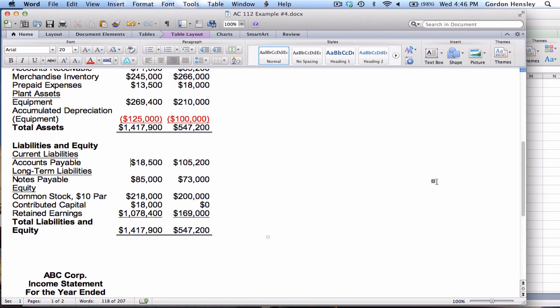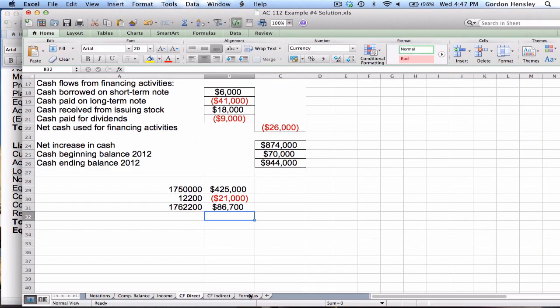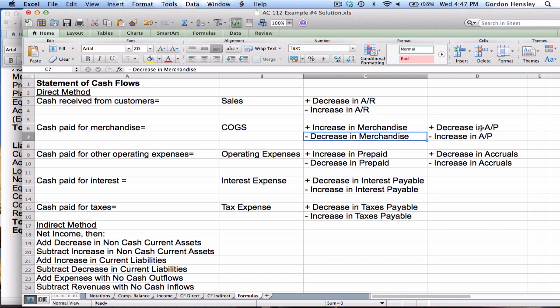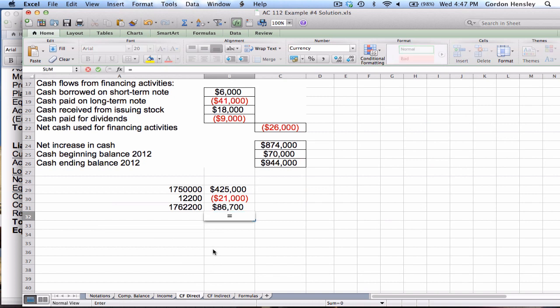Now, what does my formula say about a decrease in accounts payable? A decrease in accounts payable is to be added. So I'll just leave that as a positive number. So ultimately, what I have there is $490,700.